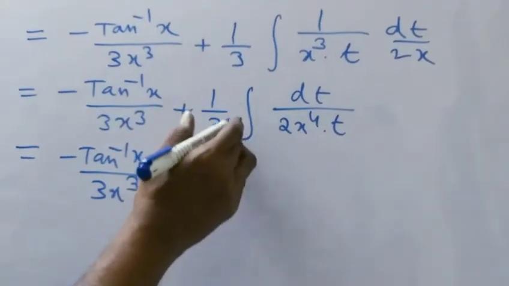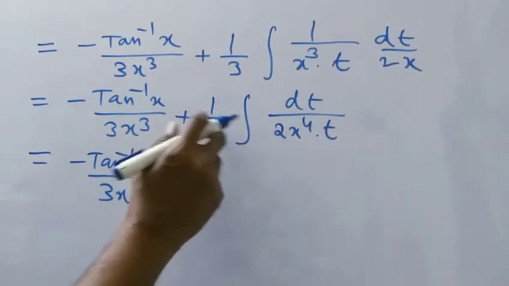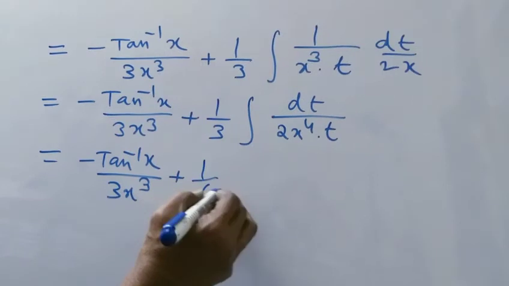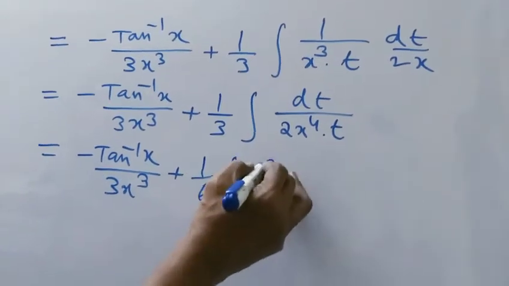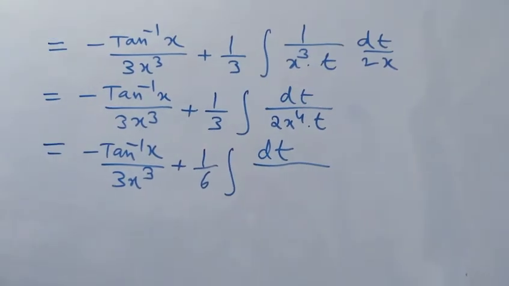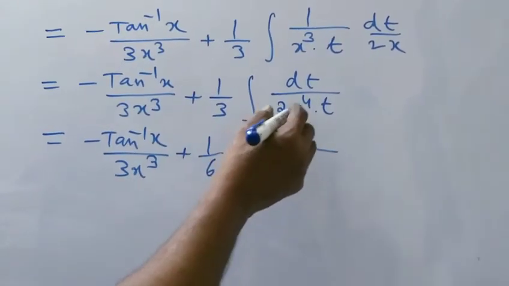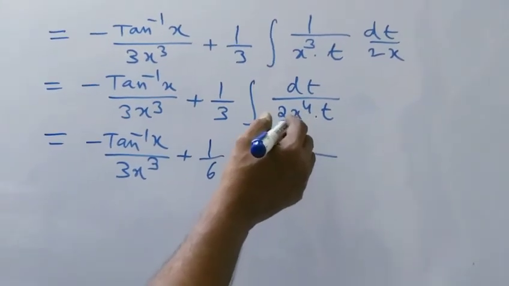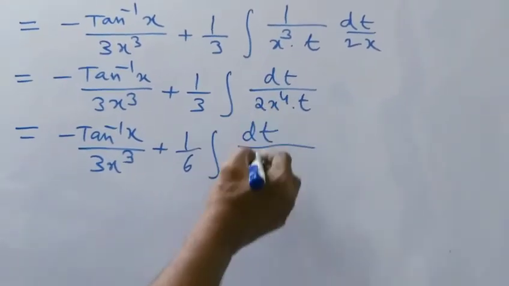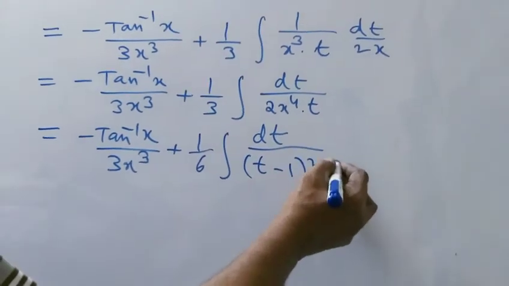So here in the denominator 2 is there, here 3 is there, 2 times 3 is 6, 1 by 6 integral of dt by, x to the power of 4 is equal to t minus 1 whole square, t minus 1 whole square into t.